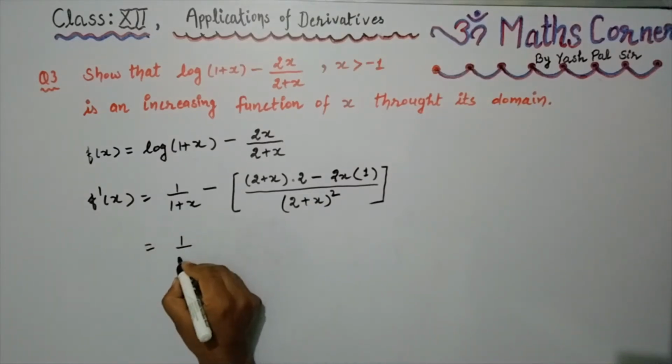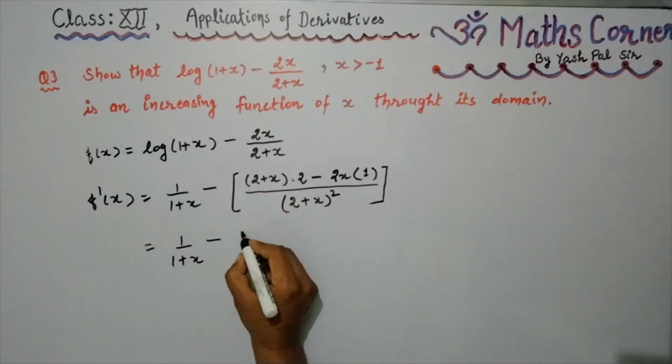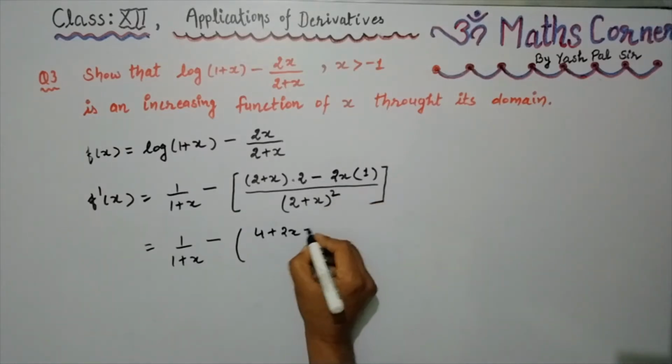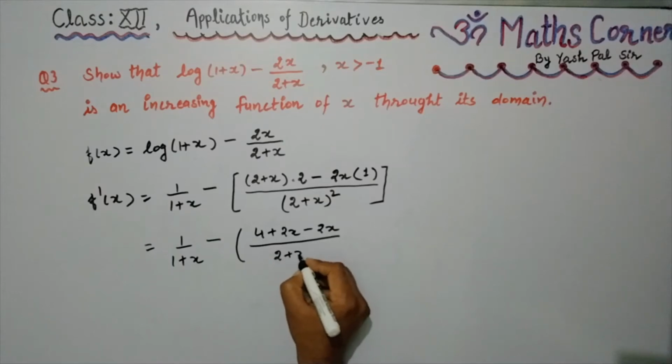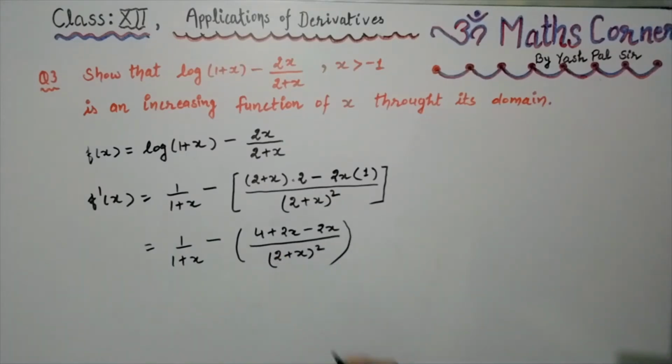So this way we have 1 upon 1 plus x minus, this becomes 4 plus 2x minus 2x divided by 2 plus x whole square, right? Once again we solve this.